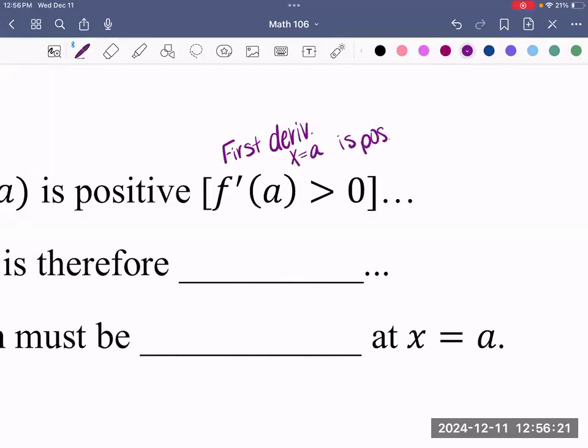So that's how you're interpreting it, right? It's greater than 0, therefore it's positive.